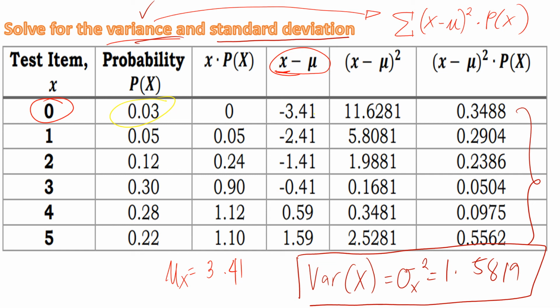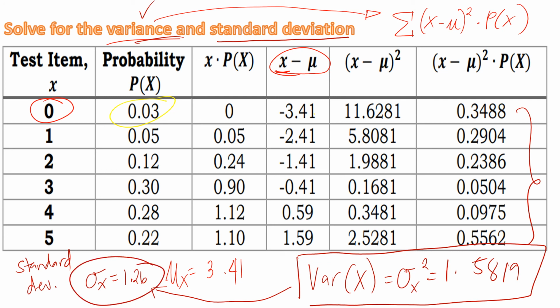So, if we solve the square root of 1.5819, we put it as the standard deviation, denoted by σ of x, and that is equal to 1.26. So it's just the square root of 1.5819, which is equal to 1.26.